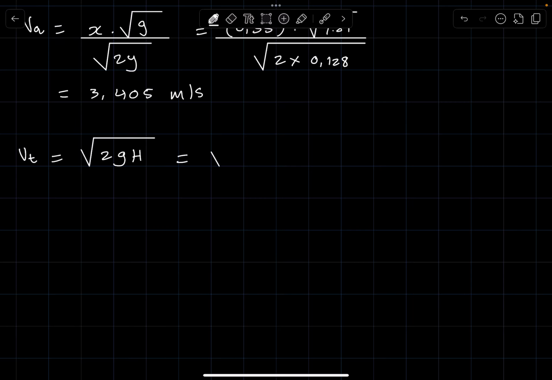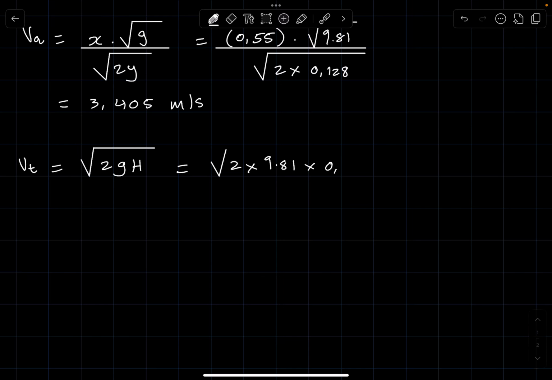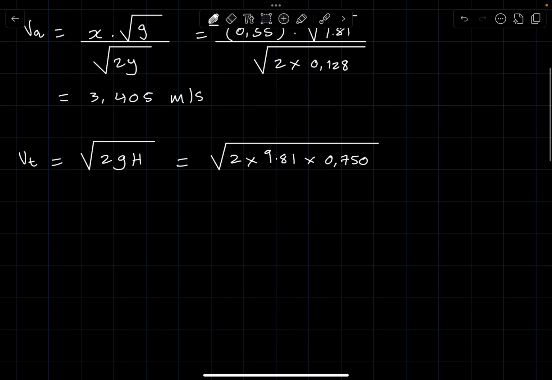So this is the square root of 2 times g, which is 9.81, times the constant h, which is 0.750, and then if you punch this in your calculators, you should get 3.836 meters per second.